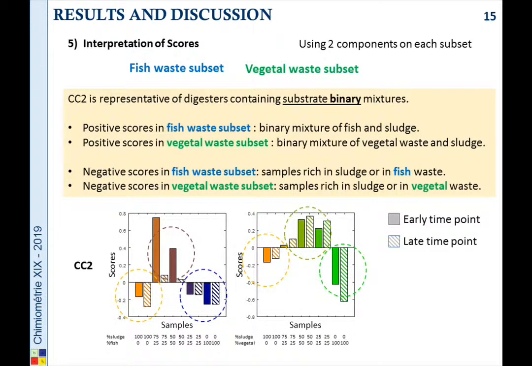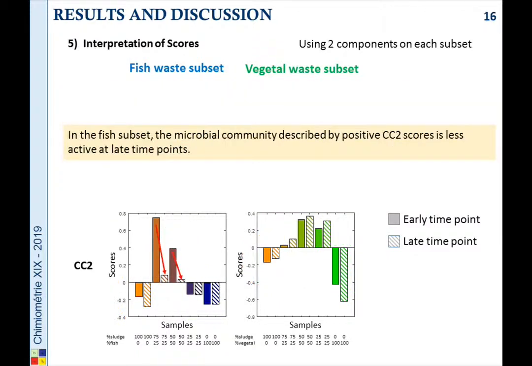Moreover, in this second common component, we do appreciate a strong effect for some specific samples, in this case samples that contain this mixture of sludge with fish, and this decline of the scores indicates a loss of the microbial activity in these reactors.